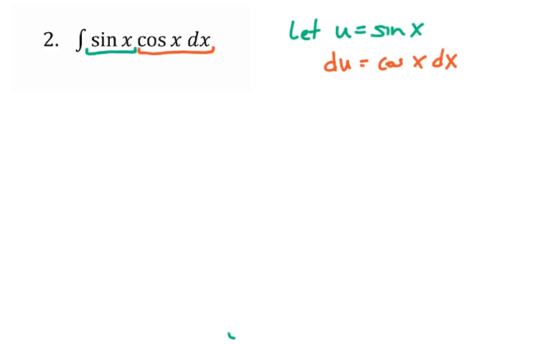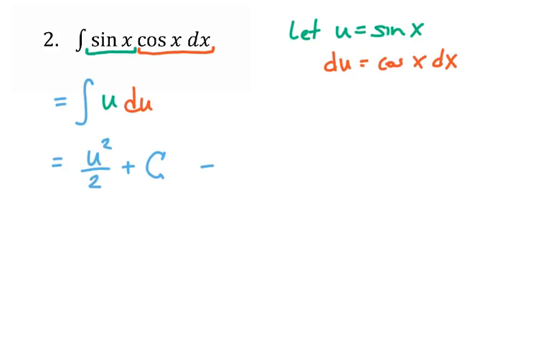So rewriting this integral fully in terms of u, we now have the integral of u du. As we've said, this is about as good as it gets with regards to u subbing. So our power rule will give us the integral of u as u squared over 2. We're again working with an indefinite integral, so don't forget that plus c for the constant of integration.